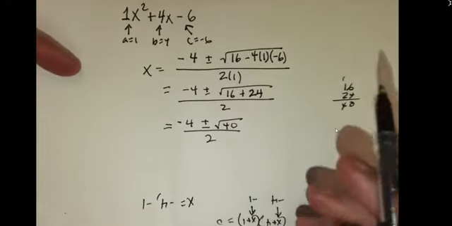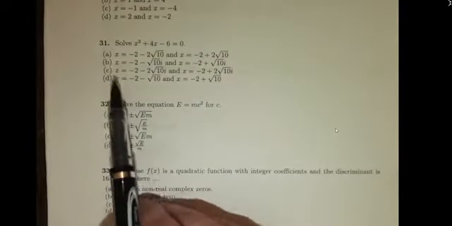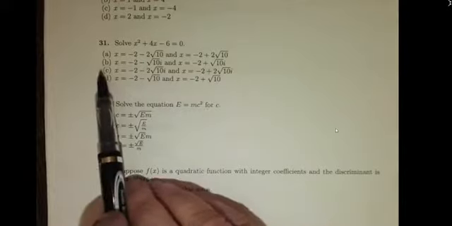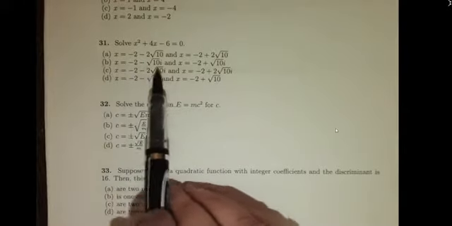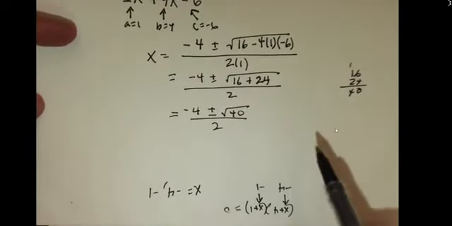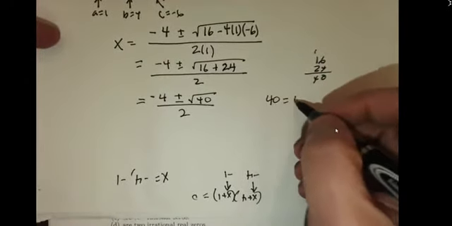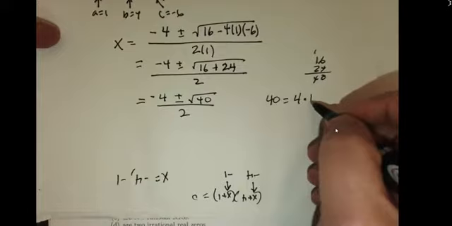We're not going to have complex solutions, so there's not going to be an i anywhere involved. So for this one, you can rule out B and C because they have i's involved.